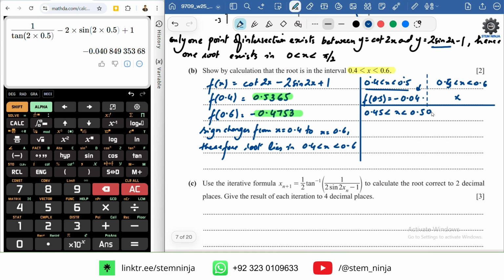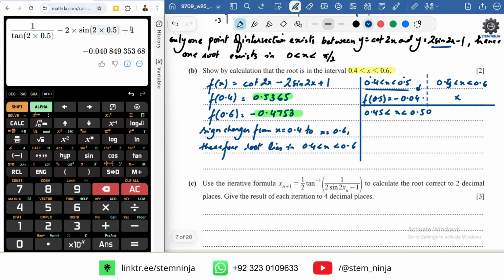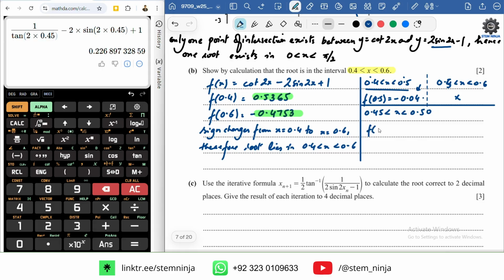Okay, so now we test this out, and if it gives us what I'm hoping it will tell us, yeah, right. So 0.45 is 0.226, and 0.5 is actually already this.